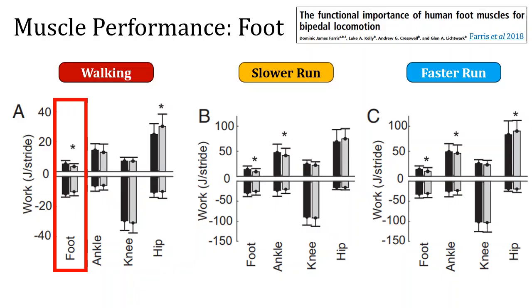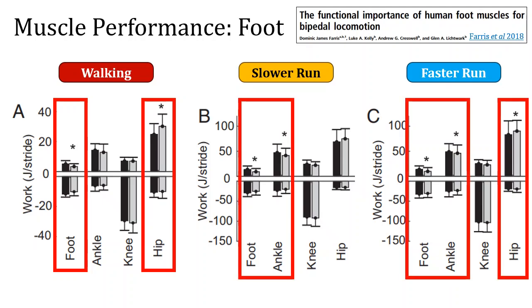So in the walking group, as expected, the foot work drops in a significant fashion, but in the experimental group, the hip and the proximal muscles have to make up for that change. During the running, the ankle and the foot have a significant difference. And then once again, with the faster running, the hip and the proximal muscles have to take up the slack for what is lost distally.